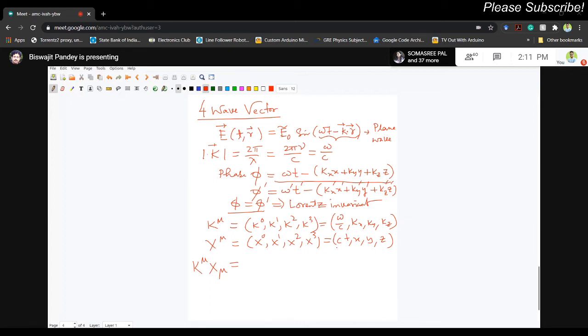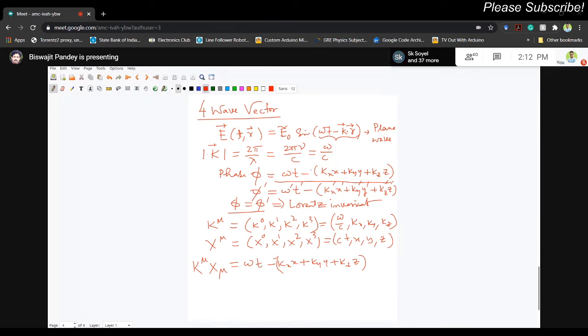So this will be ωt, c gets cancelled, and then kx x with a minus sign, because this will be xμ contravariant, this is covariant. So minus kx x, with a bracket, because all of them are negative, ky y, kz z. You see, this quantity is nothing but the phase itself. It's ωt minus.